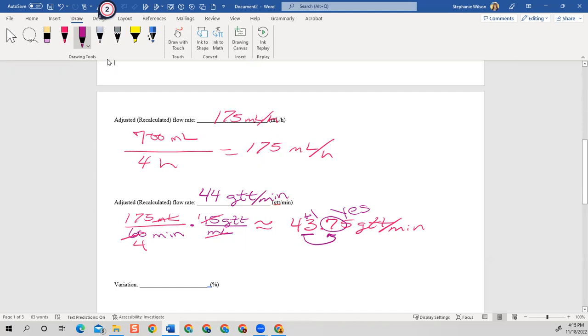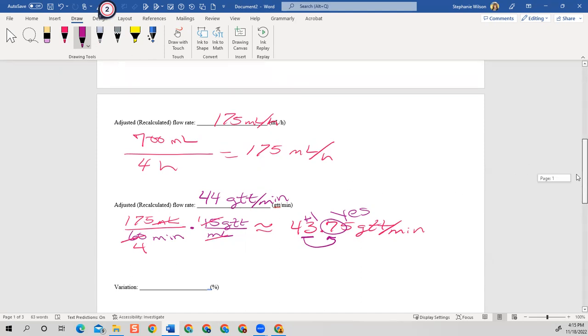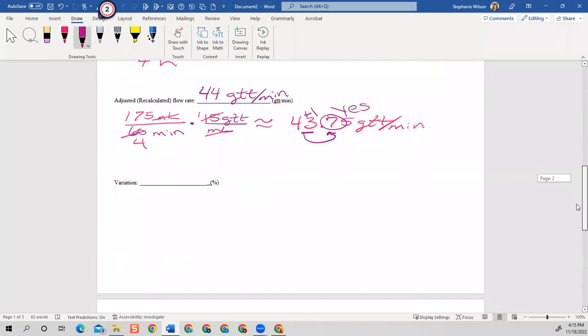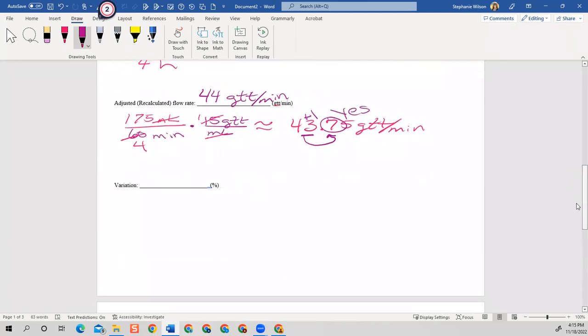All right, we are almost done, guys. Now we have to determine if the adjusted rate is safe or not, if it's good or not. So I'm going to go back up here. What was my original drops per minute? It's 31. And then we got our adjusted, which is 44.